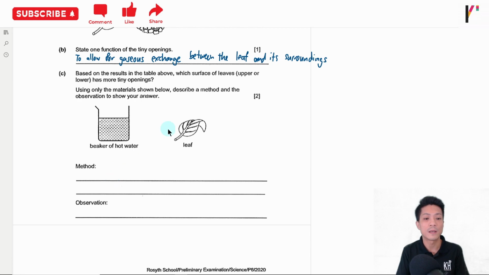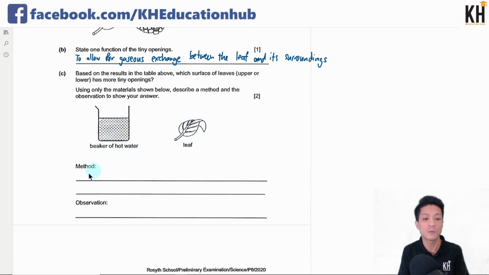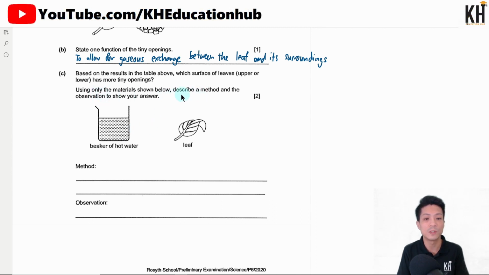So we can basically just soak the leaf inside the beaker of hot water and observe which surface will produce more water bubbles. So we need to describe a method and the observation to show your answer.